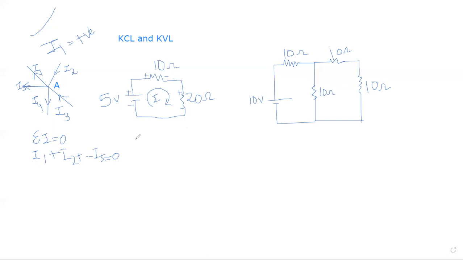Now what I have to do: KVL states that the summation of the voltage drops is equal to 0, right? So how can I do this? Now let me start from here. What will be my first sign that I am getting? It is -5. So I will write it as -5, right?